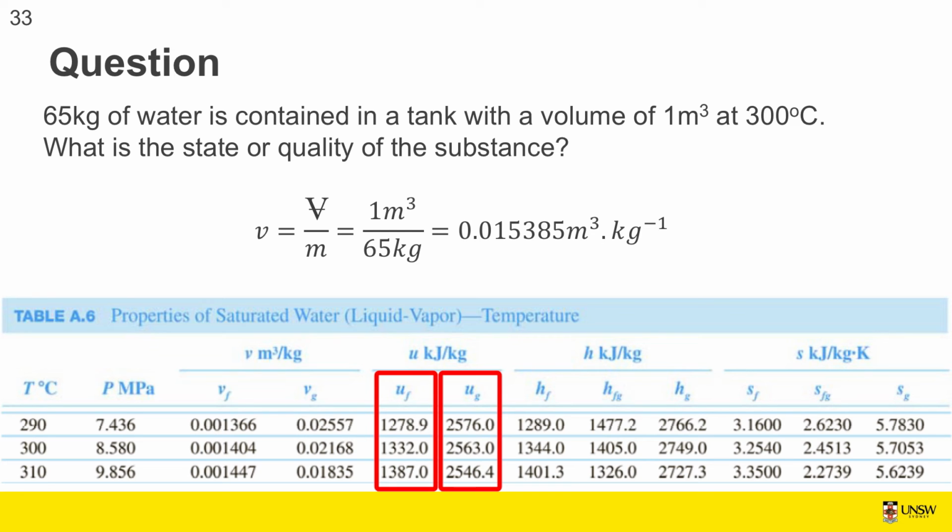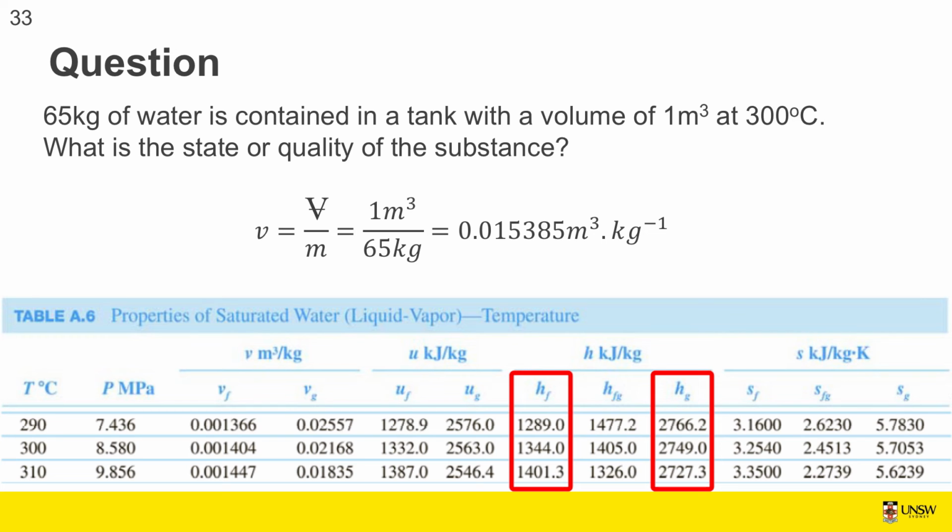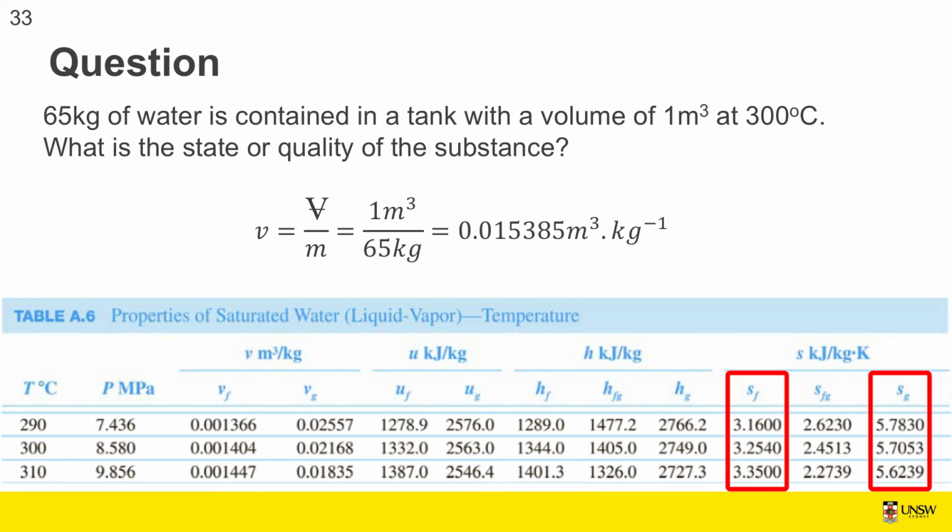If it's greater than the value on the right, you're dealing with a superheated vapor. And that's true also of enthalpy H, right? The smaller numbers on the left, the bigger numbers on the right. It's also true of entropy S. The smaller numbers on the left, the bigger numbers on the right.